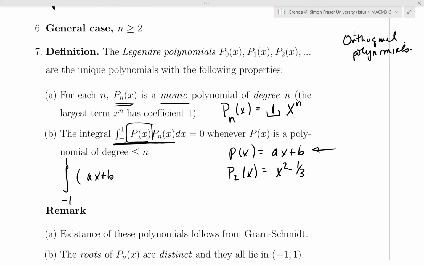That would be this one, for example. We are going to multiply by this magic polynomial here, one of the Legendre polynomials. We're going to do it over the interval from -1 to 1, and this will be 0, regardless of the value. It is not a coincidence that -1 over √3 and +1 over √3 from the previous example happen to be the roots of this polynomial.